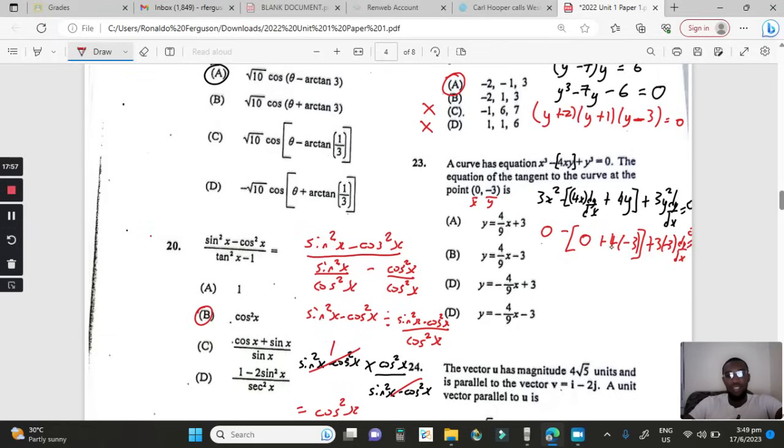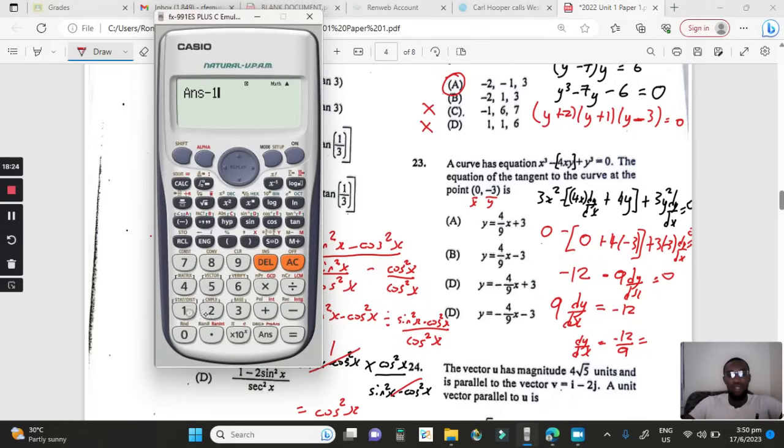So in that case now I transpose it. 4 times -3 is -12, and 3 times -3 is -9 dy/dx equals 0. So dy/dx times 9 is equal to -12, divide through by 9, so dy/dx is -12 over 9, which is, put that in the calculator, -4 over 3.